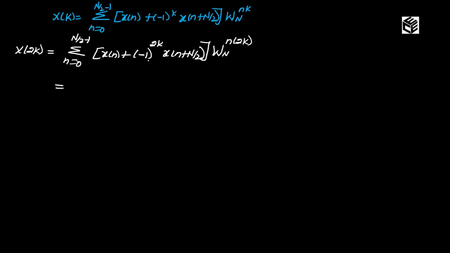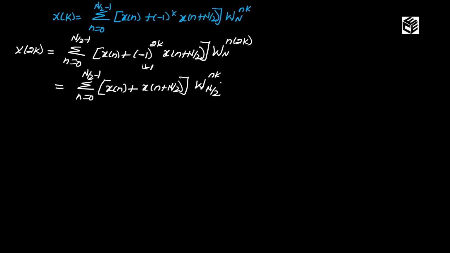Now (-1)^{2k} is nothing but 1. Correct? So I can write this summation as summation n = 0 to N/2 - 1 of x(n) + x(n + N/2). This term is multiplied by W_{N/2}^{nk}. Both are equal. Okay, you can write either in this form or in this form.